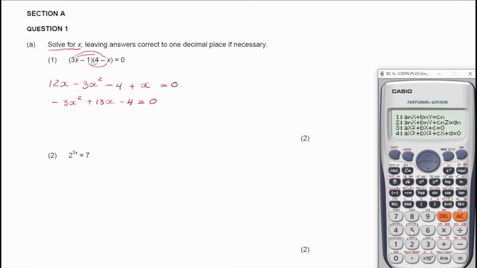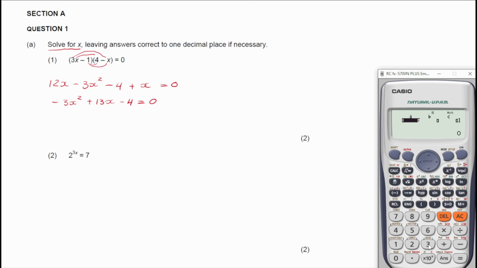So it's ax squared plus bx plus c is equal to 0. a is the coefficient of our x squared, b is the coefficient of x, and c is our constant. The important part is we got it equal to 0.